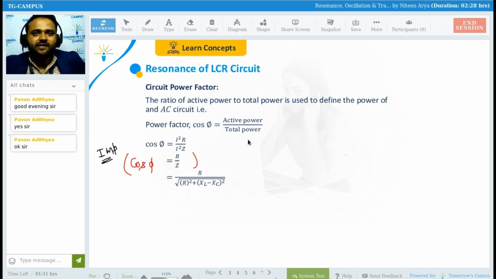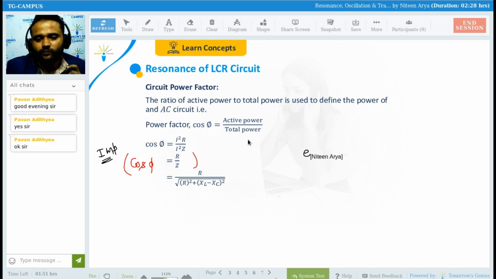Is this clear, everyone? It means how much power you get whenever you apply this particular alternating voltage or current to any particular circuit. How can you understand this? Suppose, like efficiency. What is efficiency? In the previous class, you learned the efficiency of an engine, right?